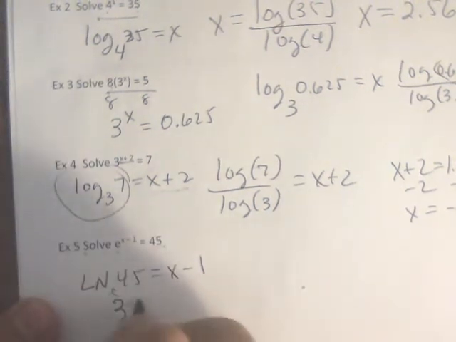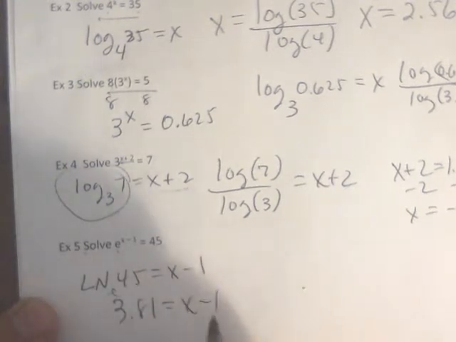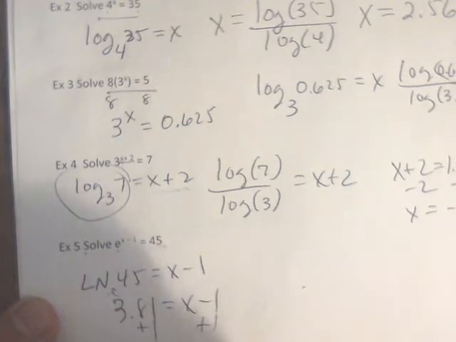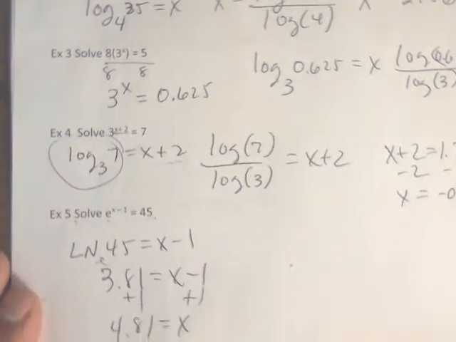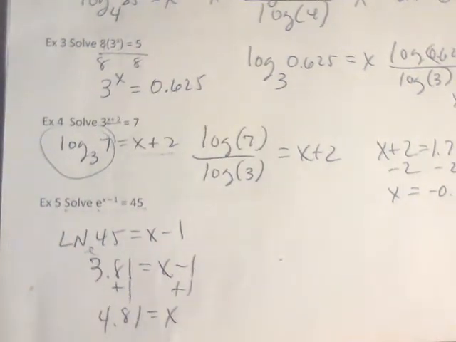So I get 3.81 is x minus 1, add 1, and 4.81 equals x. Okay, so that's solving your exponential equations. There's more variations, other things you may encounter, but these are your basic steps to doing that.